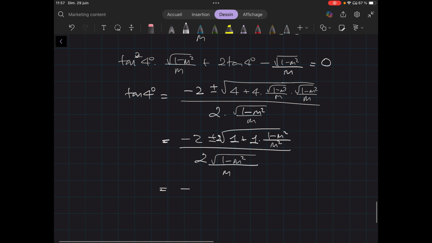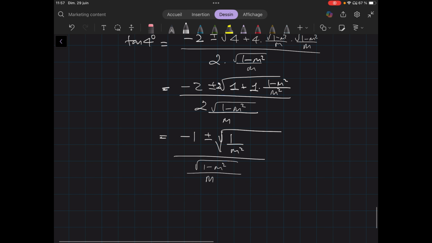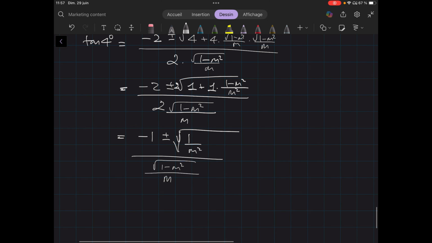And we're down to -1 plus or minus square root of 1 over m squared, divided by 2 times the square root of 1 minus m squared divided by m. Since m is positive, we can simplify this as -1 plus or minus 1 over m divided by this.